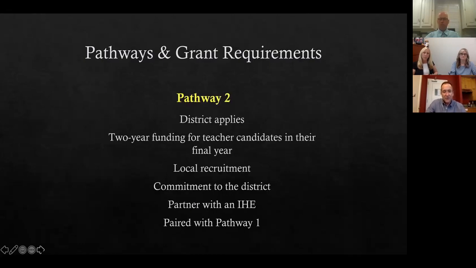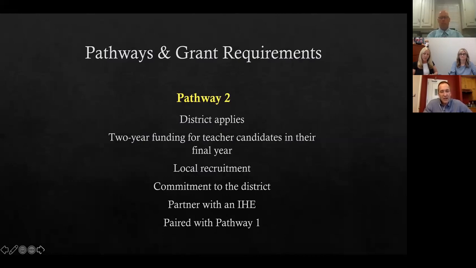Pathway 2 is also a district focused application. This pathway involves local school districts identifying individuals that they have in their school district and helping them access teacher preparation and complete that within a couple of years.